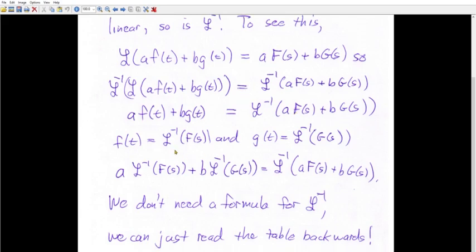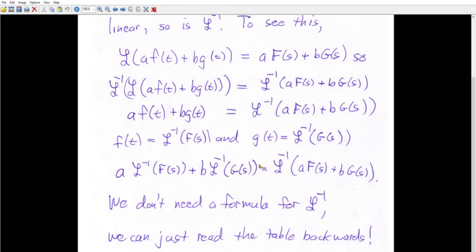Now f of t is the inverse of cap F of s, because L takes little f of t to cap F of s, so L inverse takes you back. Likewise g of t is the inverse transform of cap G of s. So this is a times the inverse transform of cap F, this is b times the inverse transform of cap G, and that's equal to the inverse transform of a F of s plus b G of s, and that's exactly what it means to be linear.